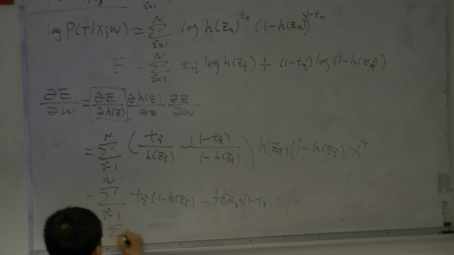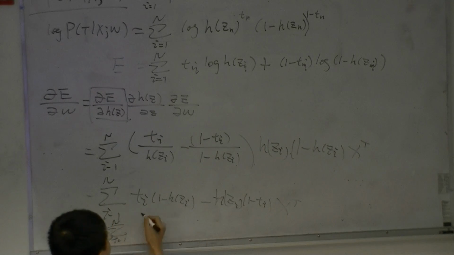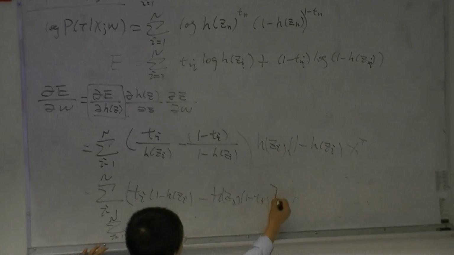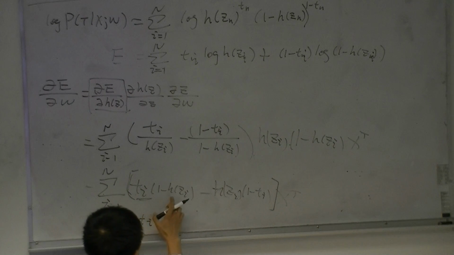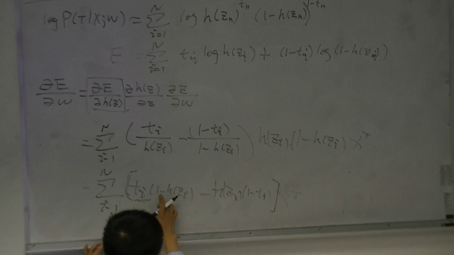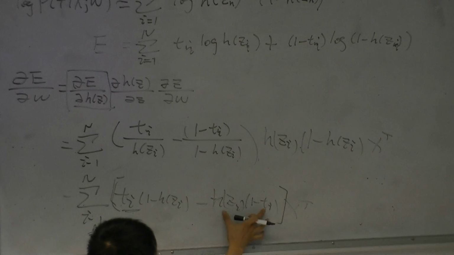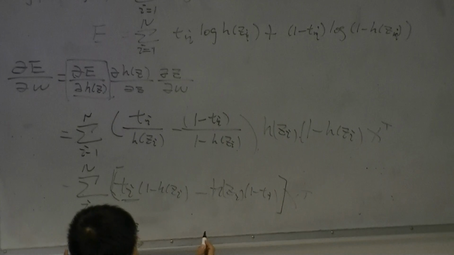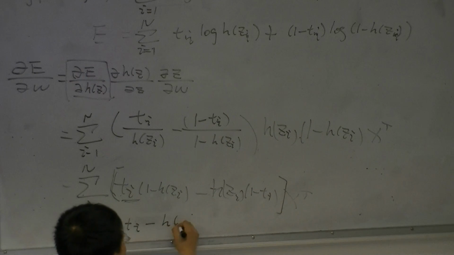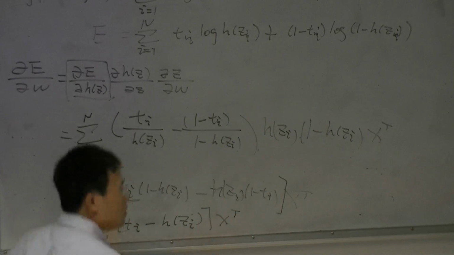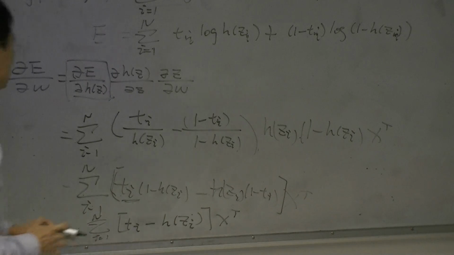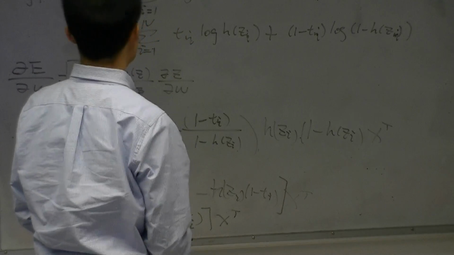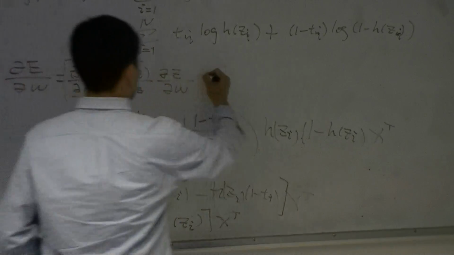Finally we got Ti here, and the Ti times H minus was cancelled by this second term because there are minus and minus here. So finally we got something like this.